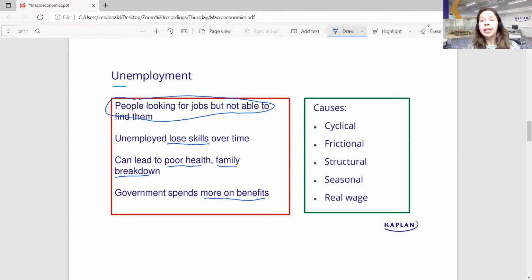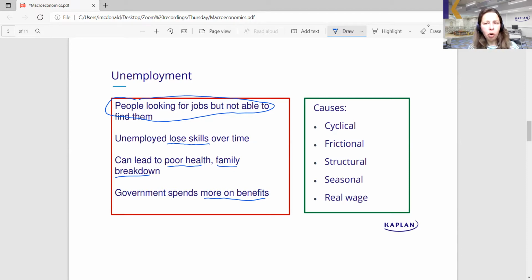And therefore, in the downturn, there will be unemployment. Frictional unemployment is about people being in between jobs, because sometimes we all need a little bit of a break. We take a few months off, reconsider our priorities before rejoining the labor force. So frictional unemployment is not normally seen as a problem because it addresses itself very quickly.